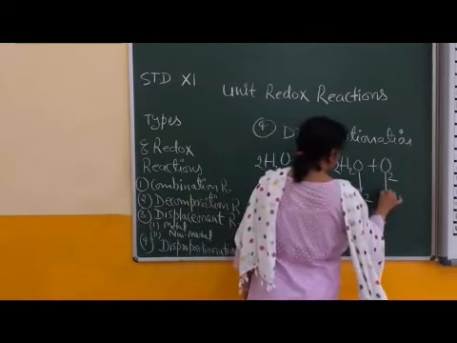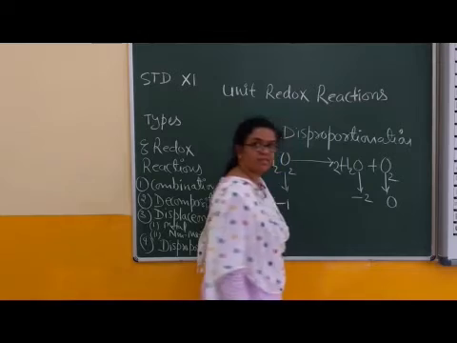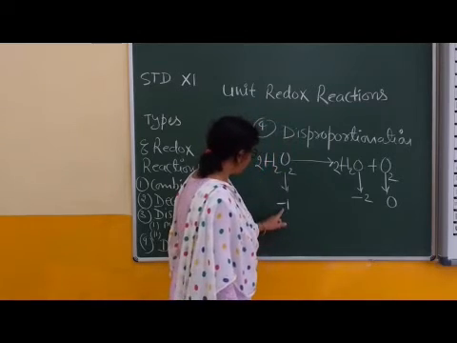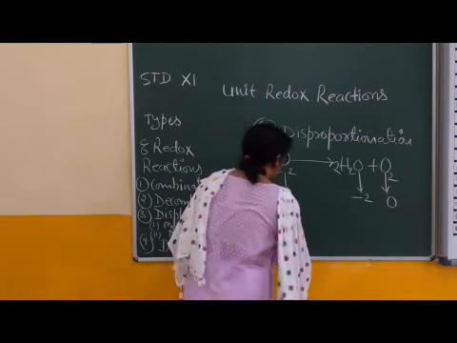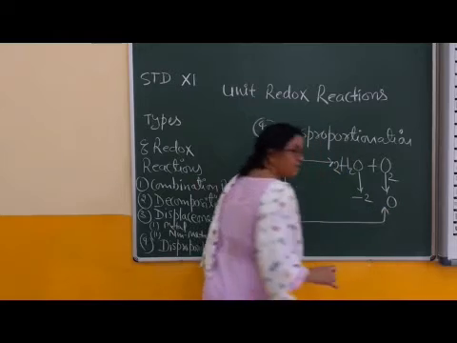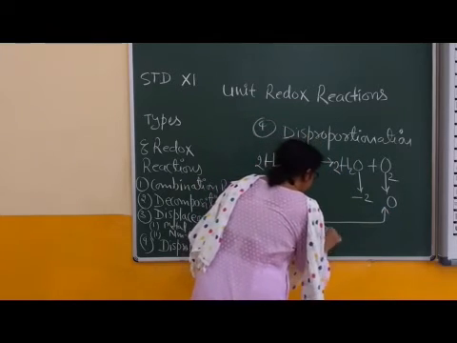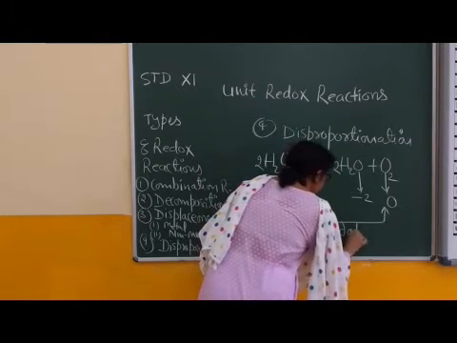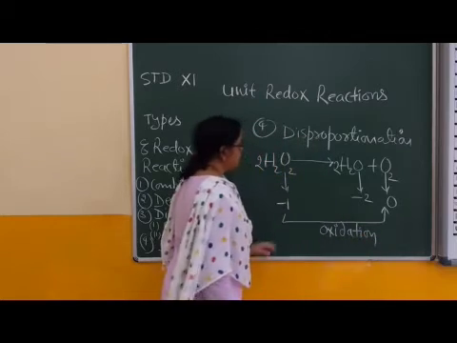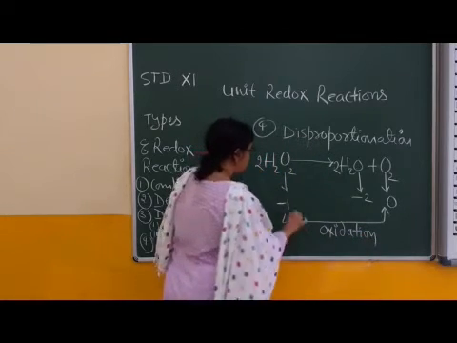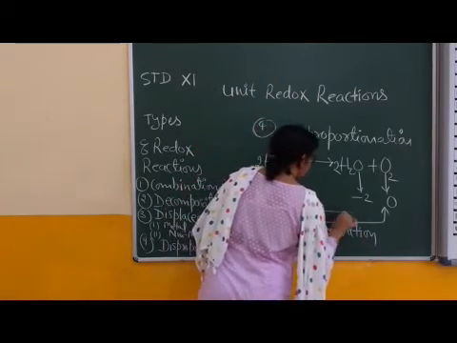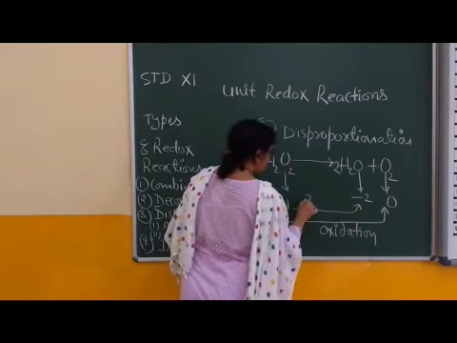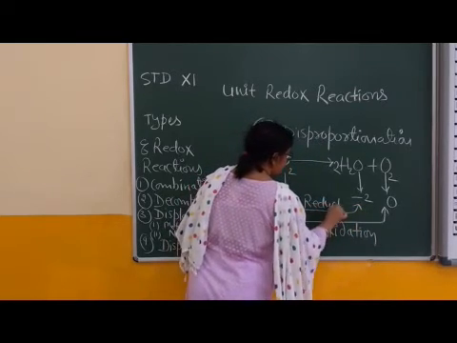This is uncombined form, oxidation number is 0. From -1 to 0 is oxidation. Increase in oxidation number is oxidation. And decrease in oxidation number from -1 to -2 is reduction.